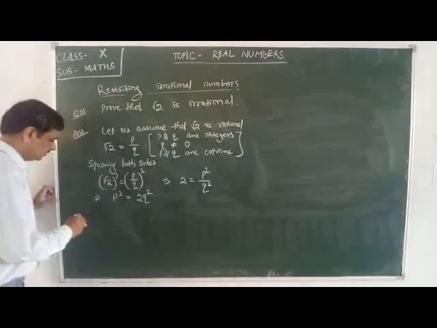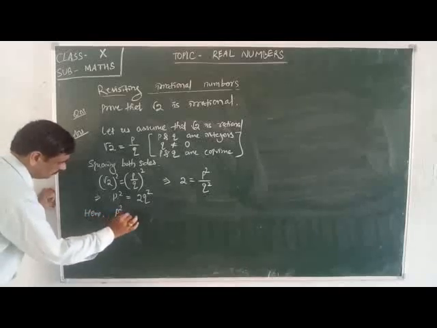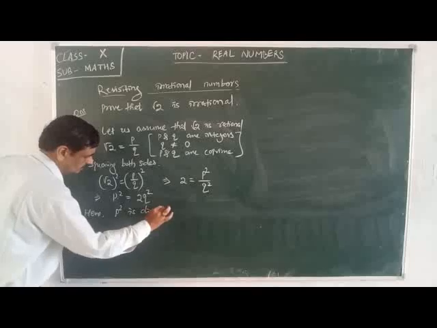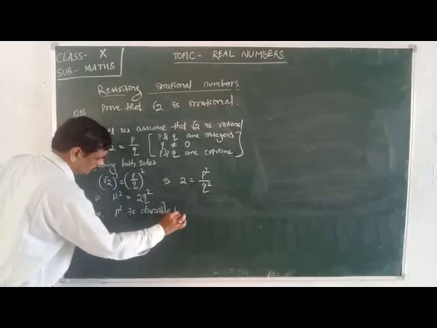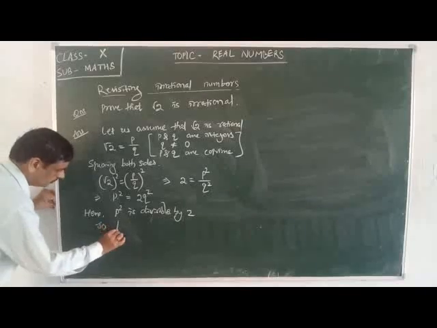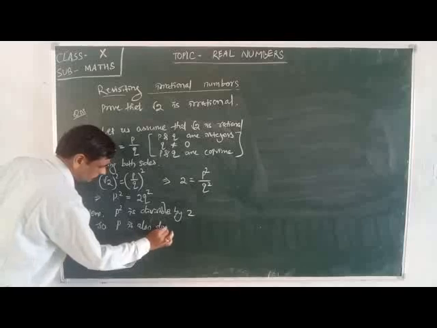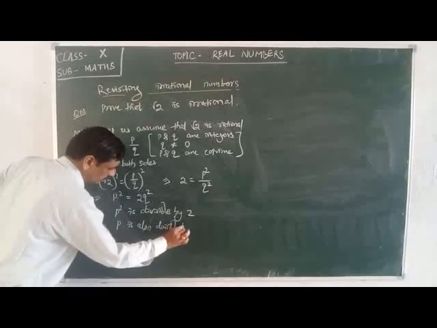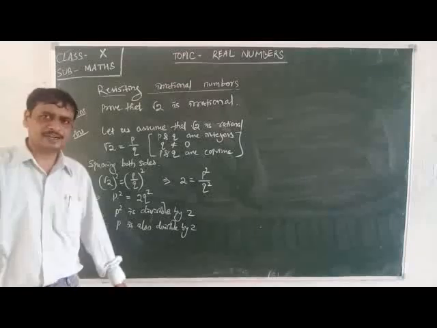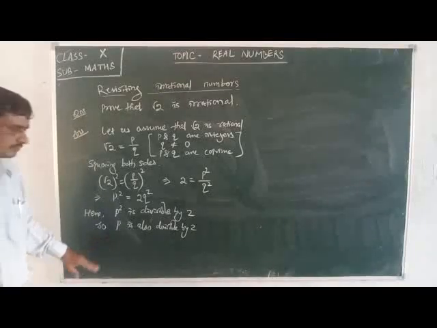It shows here p square is divisible by 2. So p is also divisible by 2. Since p square is divisible by 2, then p is also divisible by 2.